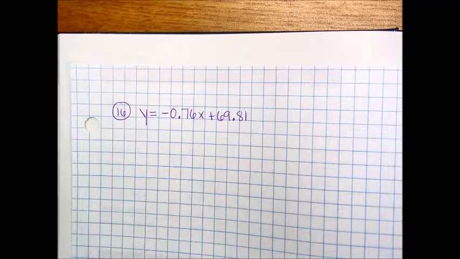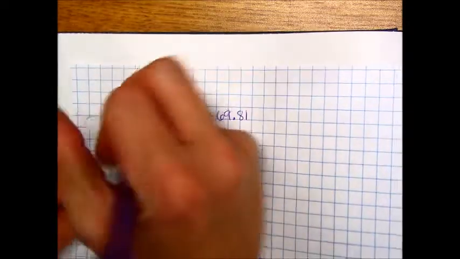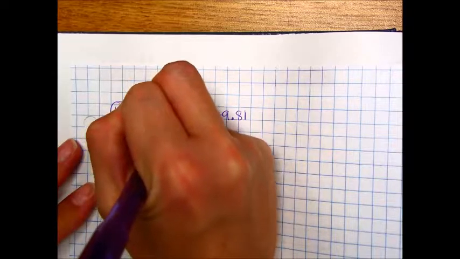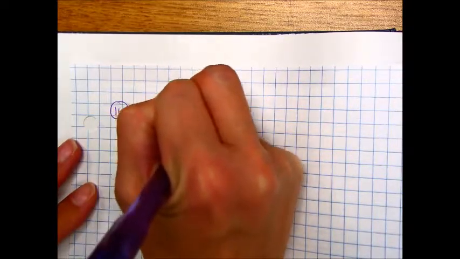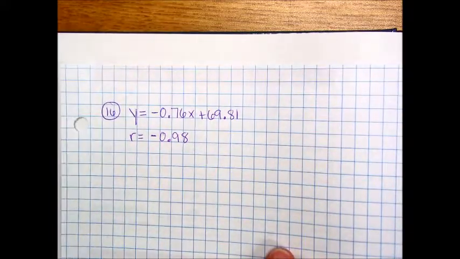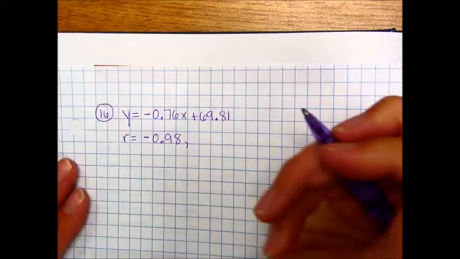because you have given them the equation for the line of best fit. And then it says interpret the correlation coefficient. So we want to put down what that R was on your screen, and it was negative 0.98. Since it was negative 0.98, they want you to say what that means.